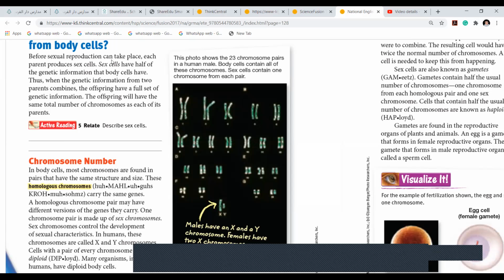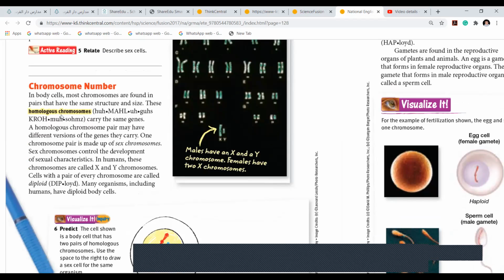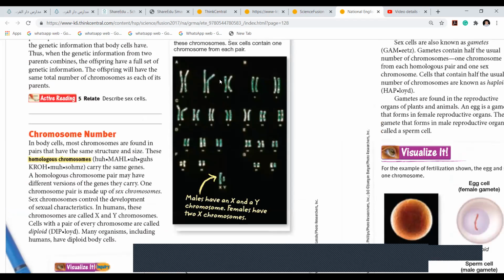Before sexual reproduction can take place, each parent produces sex cells. Sex cells have half of the genetic information that body cells have. When the genetic information from two parents combines, the offspring have a full set of genetic information. What are homologous chromosomes? In body cells, most chromosomes are found in pairs that have the same structure and size. Can you see here?